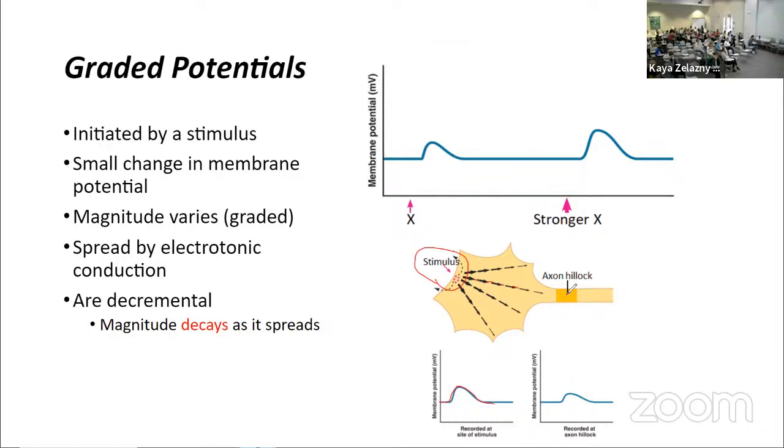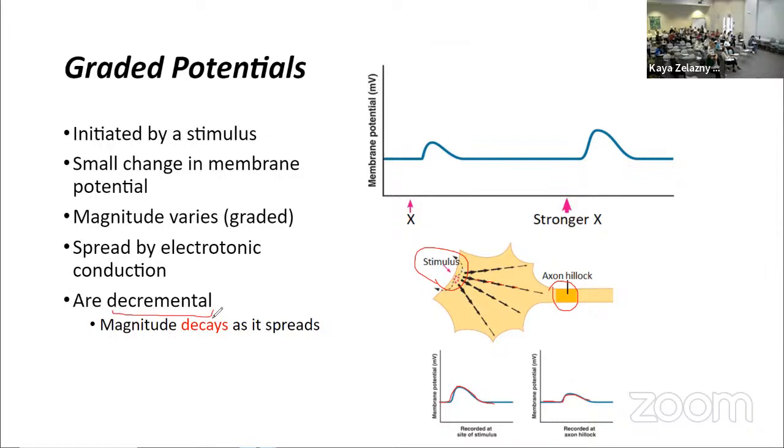If we were to measure the change to the membrane potential at the axon hillock, the pinching off point of the neuron, which in this picture is on the opposite side from the stimulus, you can see there's still a change to the membrane potential, but it's weaker than if we measure it at the stimulus site. So that's what we mean when we say that our graded potentials are decremental.